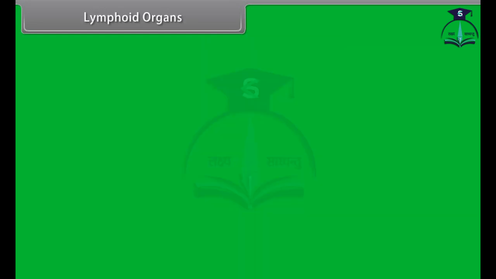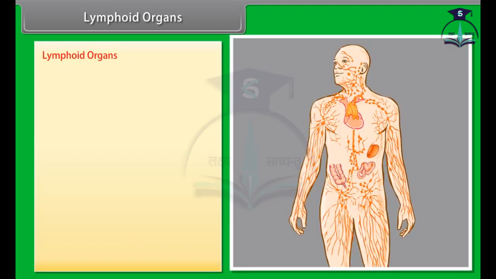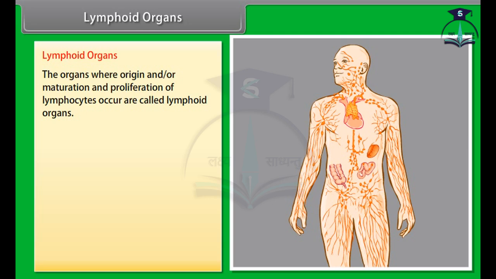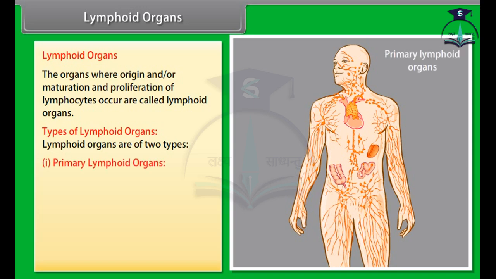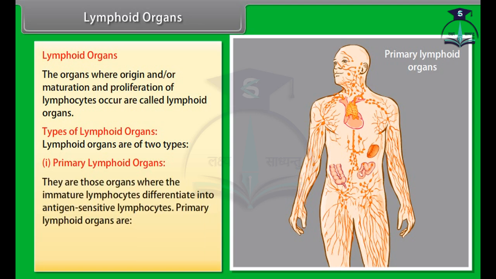Lymphoid organs. The organs where origin and or maturation and proliferation of lymphocytes occur are called lymphoid organs. Lymphoid organs are of two types. Primary lymphoid organs are those organs where the immature lymphocytes differentiate into antigen-sensitive lymphocytes.